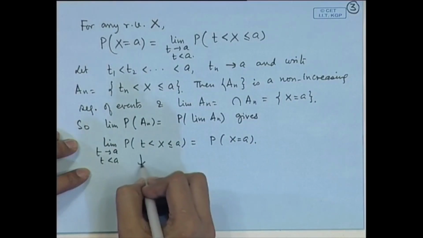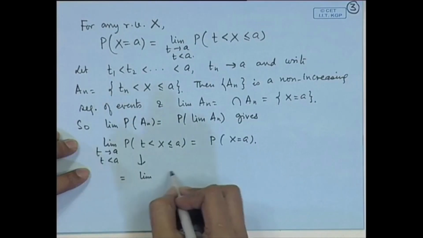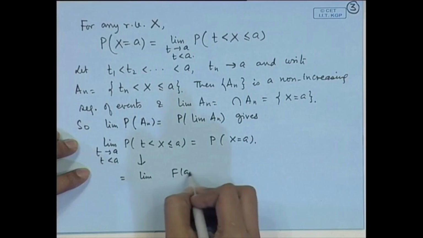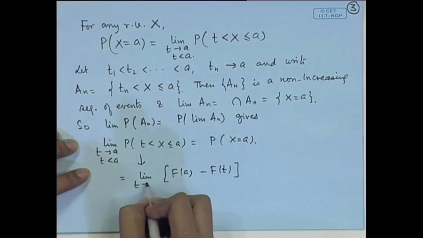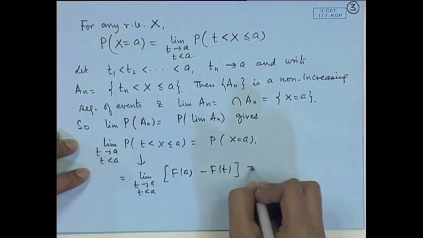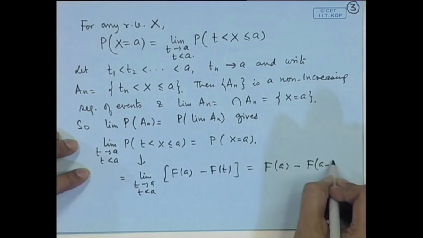Now, this is actually equal to the limit of F(a) minus F(t), where t tends to a, t is less than a, which is exactly equal to F(a) minus the left hand limit at a.